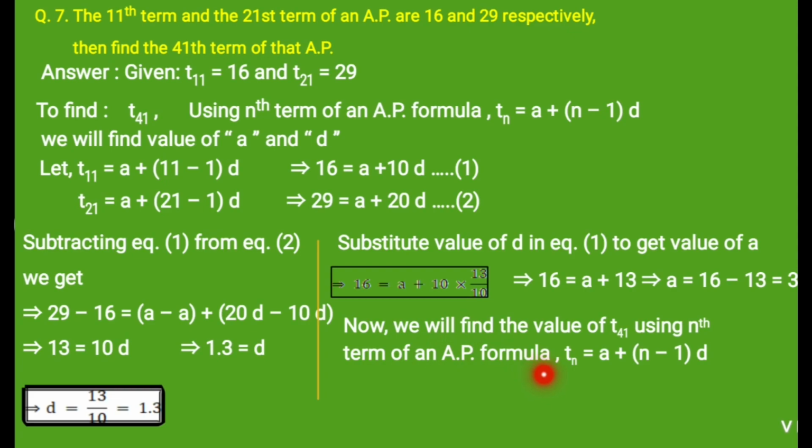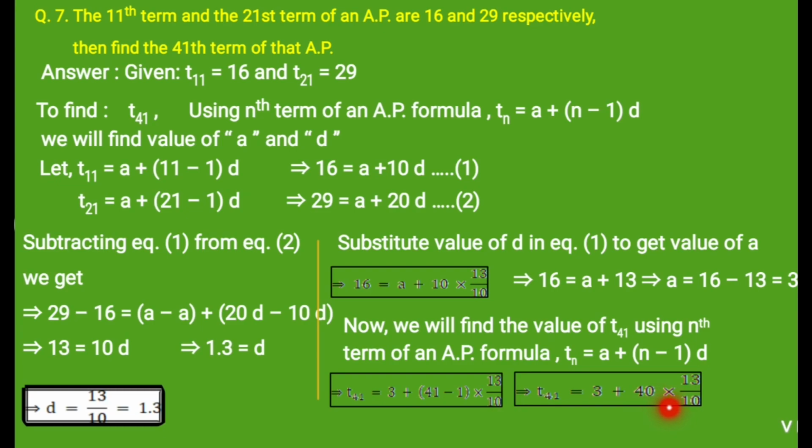Now we find the value of T41 using the nth term of an arithmetic progression. We know the value of a, we know the value of d, so we substitute the values. Here n is equal to 41, so T41, a as 3, n as 41, so 41 minus 1, and d as 13 by 10. So 41 minus 1 we get 40.